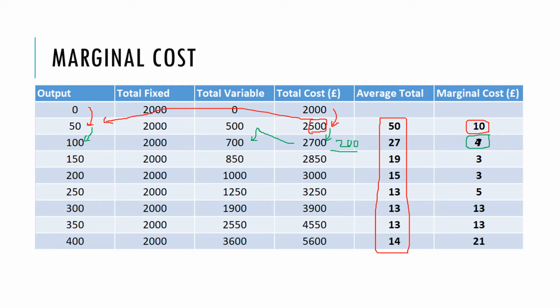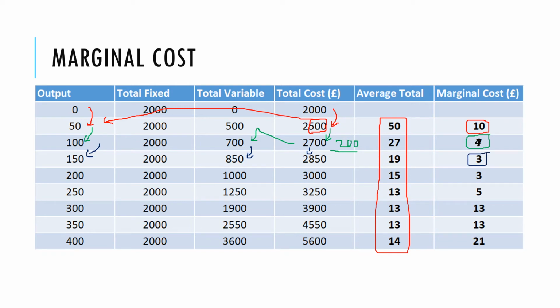Again, next time, when we go up another 50 units from 100 to 150, we've added on the increase in variable cost. So only increases in variable cost will have an impact on the marginal cost.